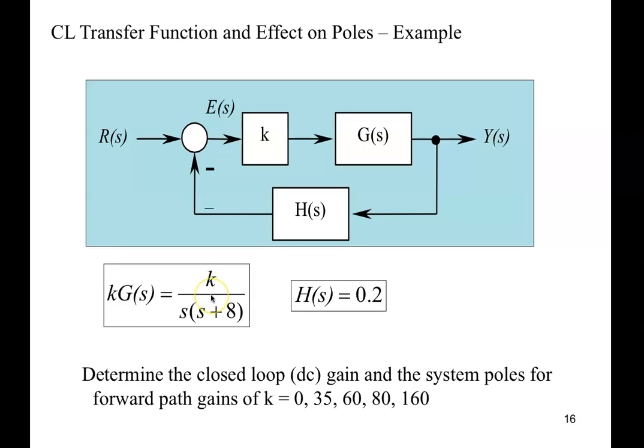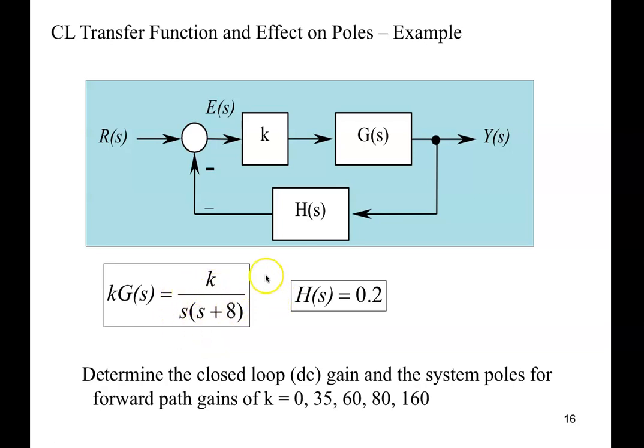Now in open loop, we only have two poles. If we equate the denominator of G(s) to 0, that gives us two open loop poles, s equal to 0 and s equal to minus 8.